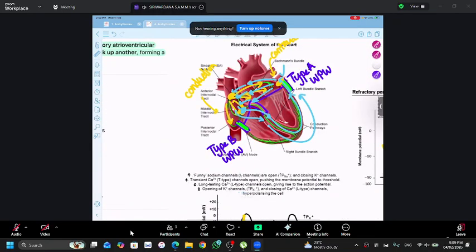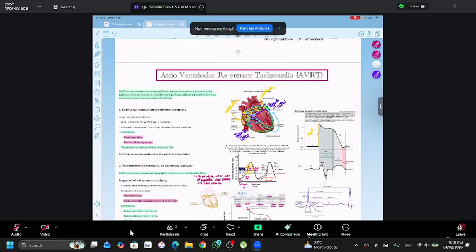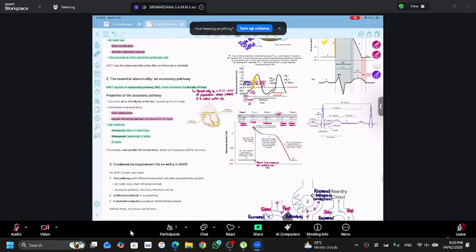You have the generation of a macro re-entrant circuit. The SA node loses its dominance because the rate of this circuit is much faster than the beat rate of the SA node.